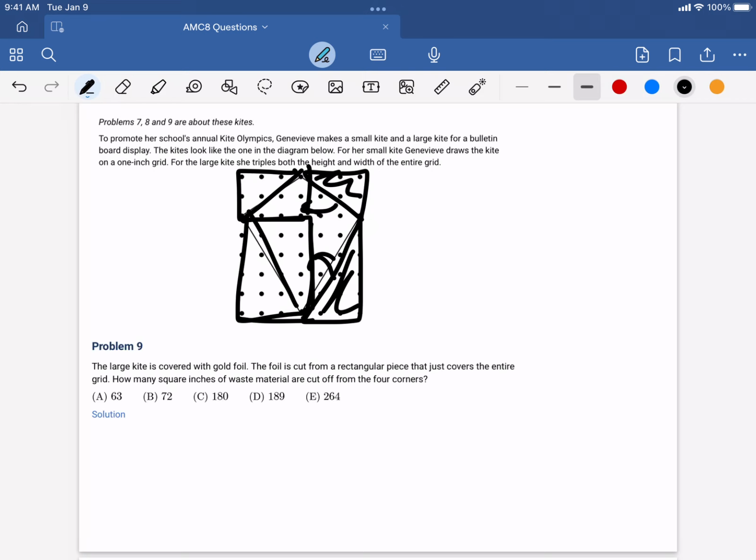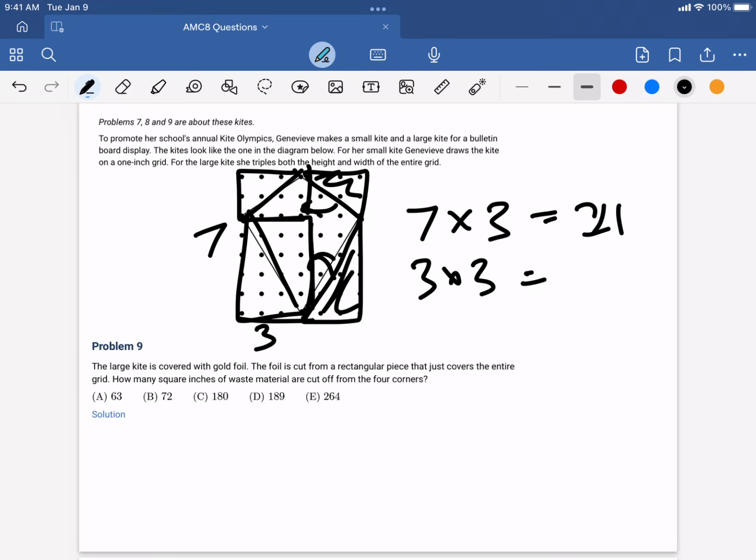So again, the height would be 7, and the width would be 3. But this time, the height's going to be 7 times 3 since it's for the large kite, and the width is going to be 3 times 3 for the larger grid. So it'd be 21 times 9, and that would be 189. So our answer is D, 189.